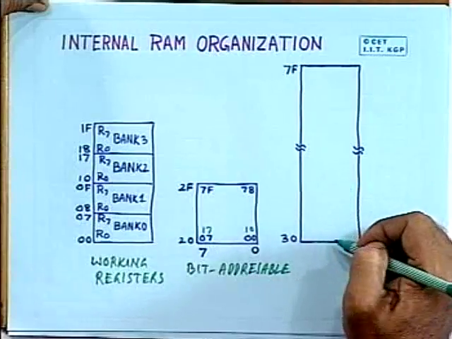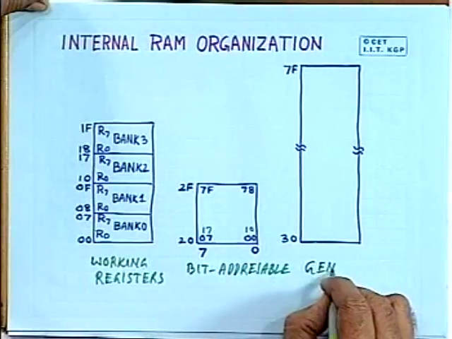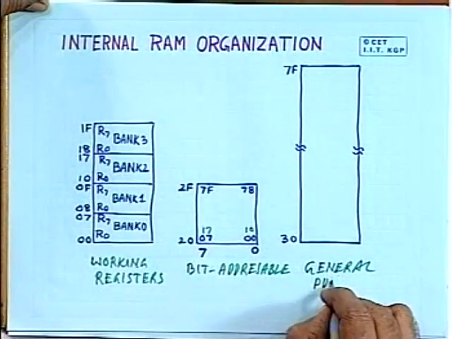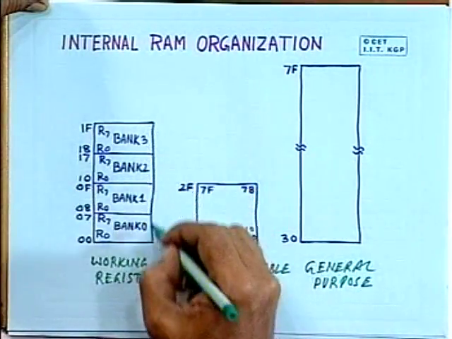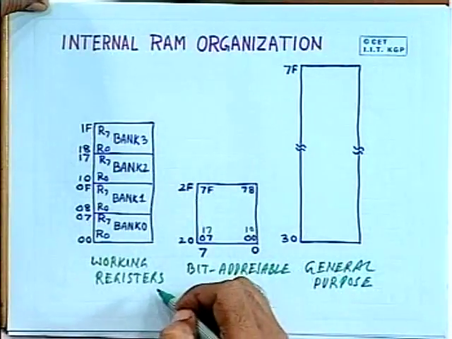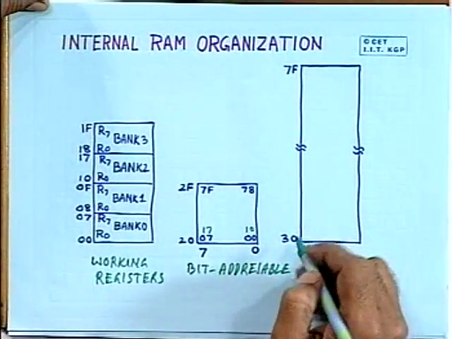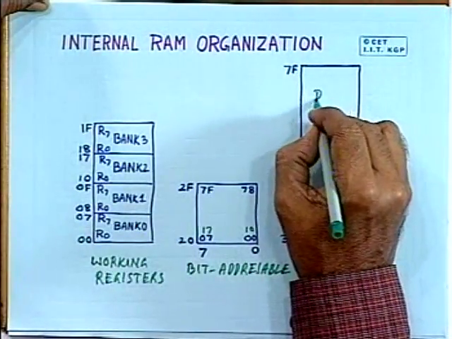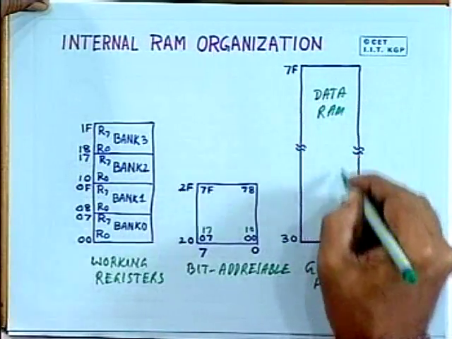Then the third part, which is available for general purpose applications. Remaining memory locations from 30 to 7F of the data RAM are available for general purpose use.